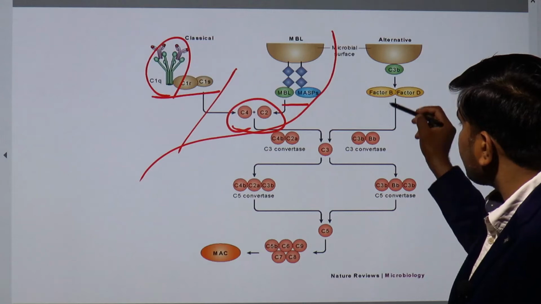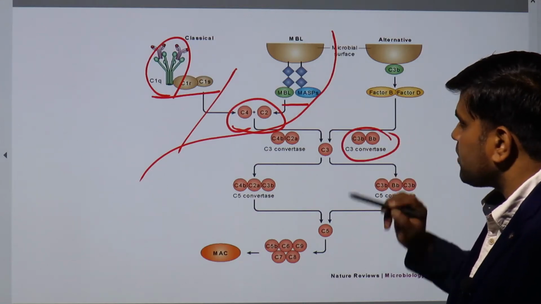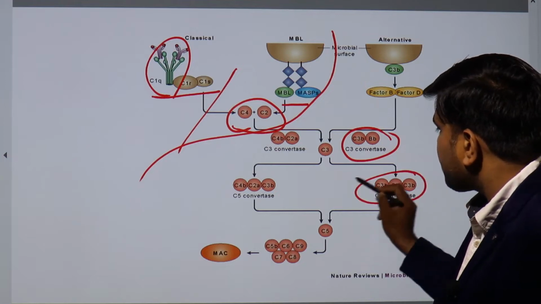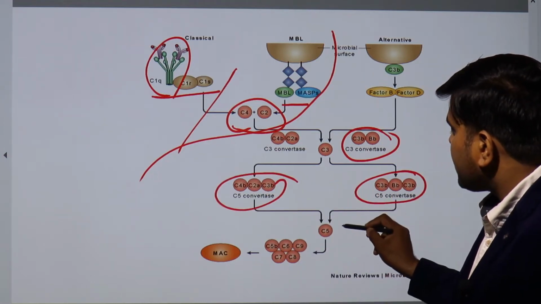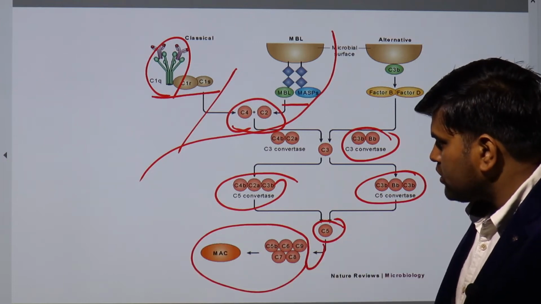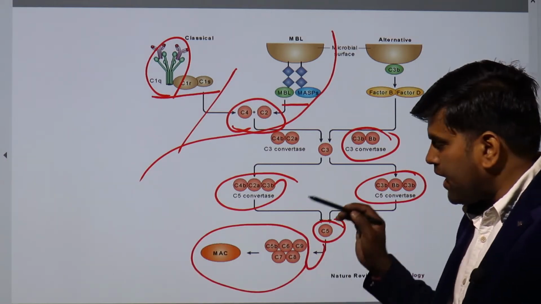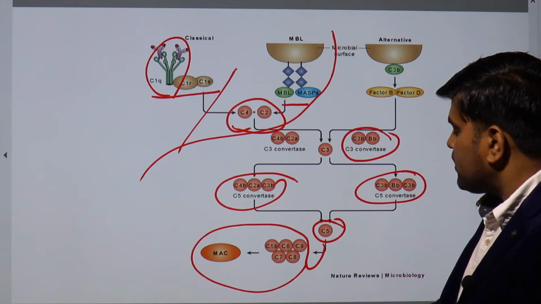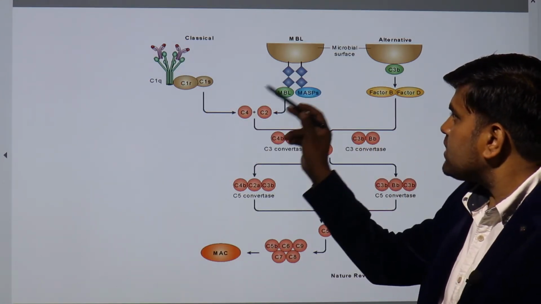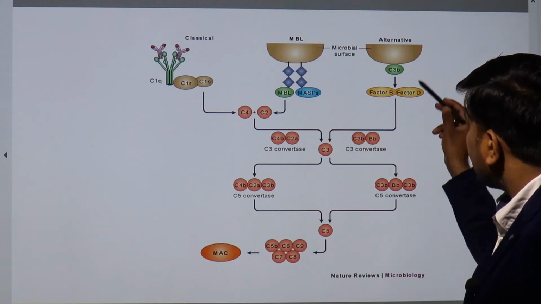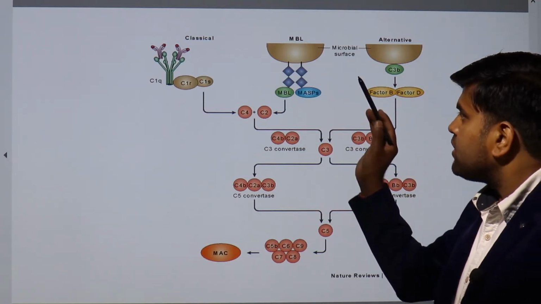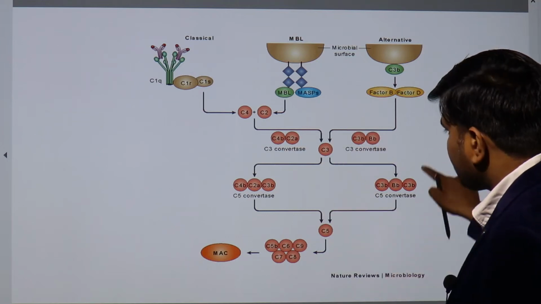They get activated directly and convert into the C3 convertase, and after the C3 convertase they form the C5 convertase in both, and cleave C5 and form the membrane attack complex. The main end product is the same, but the problem is their C3 convertase, which is different in the classical and MBL pathways, and in the alternative pathway it is different from the classical and MBL pathways.